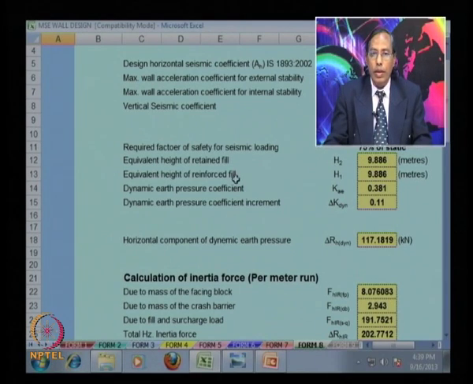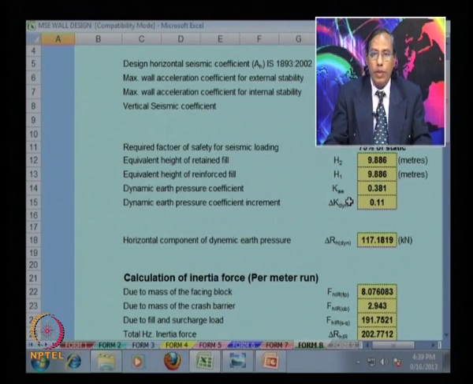value. Equivalent height of the retained fill H2 is 9.886 meter, and equivalent height of the reinforced fill H1 is 9.886 meter.